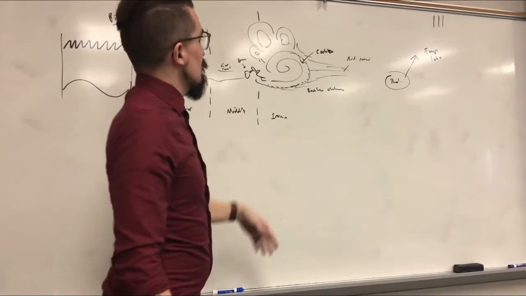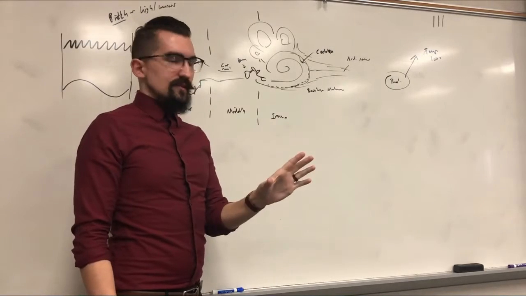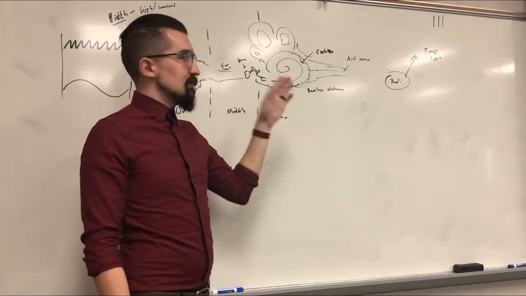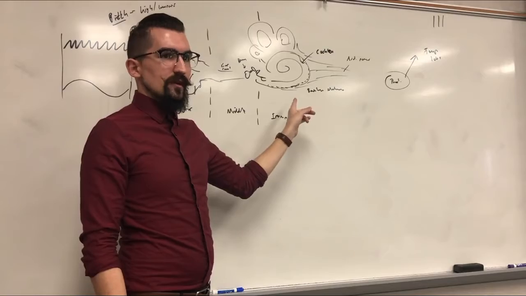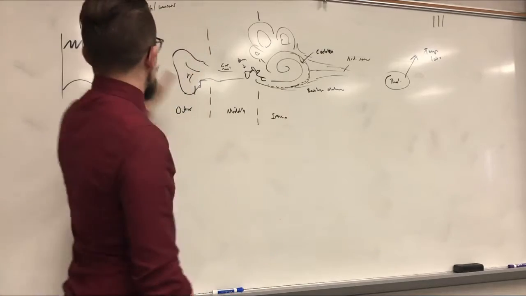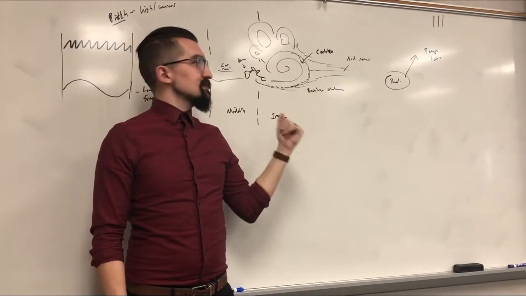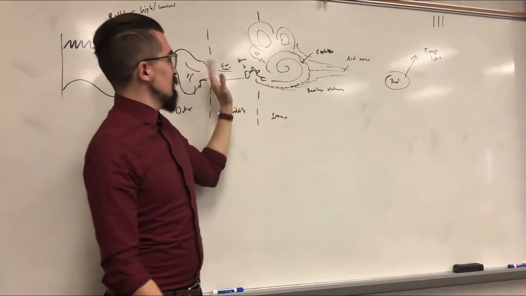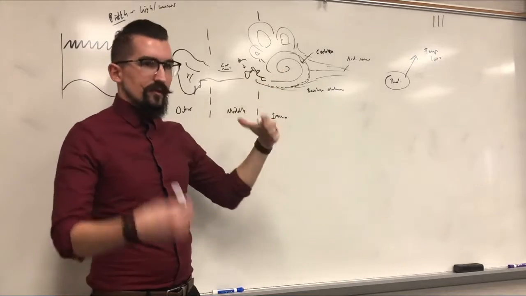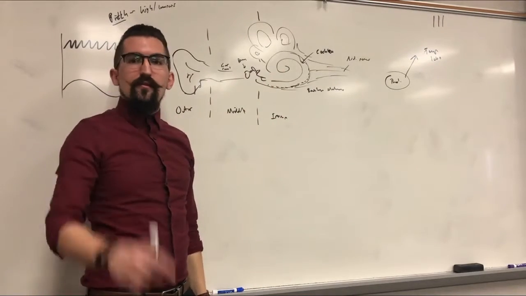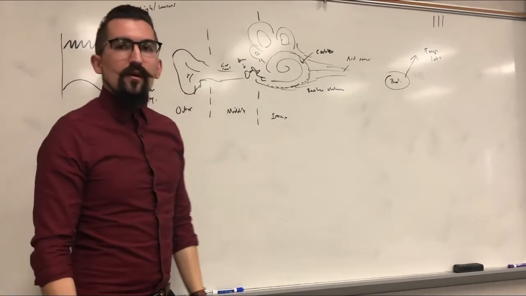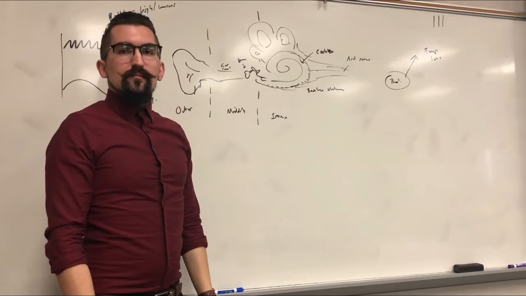It comes in, and I think where we left off, if I'm not mistaken, is how my brain distinguishes between the two, with the hairs. Well, first of all, before I even get into which frequency it is, how does my brain actually catch and interpret these waves? They come in, they vibrate these things, which stir up the fluids. So in the basilar membrane, there are different receptor hairs and cells that are connected to neurons.